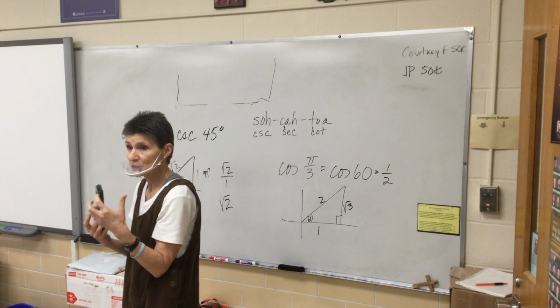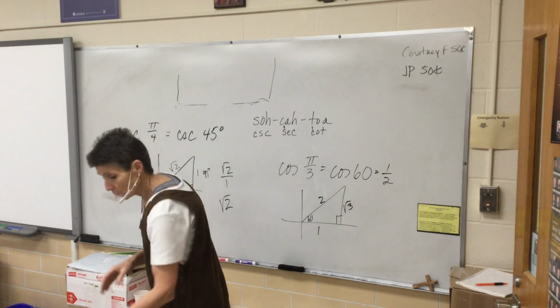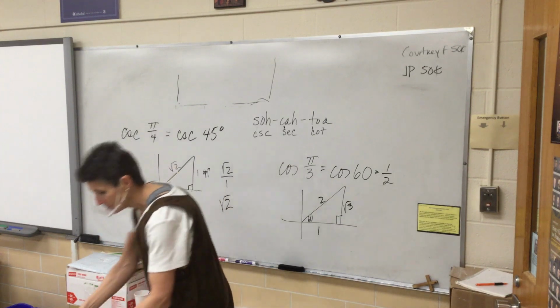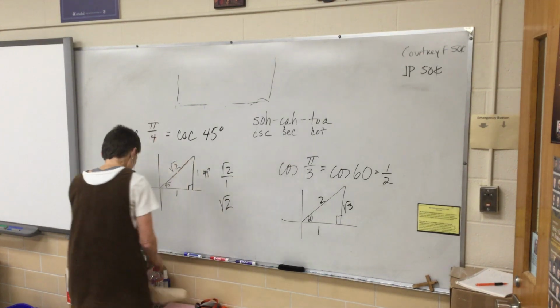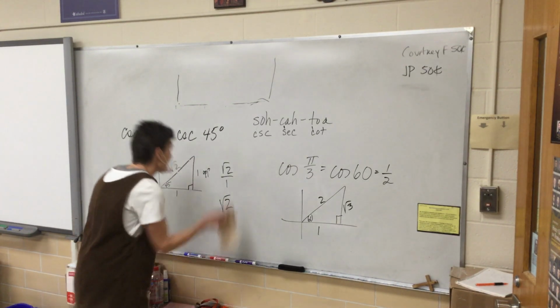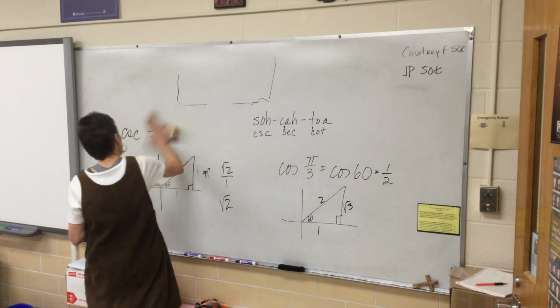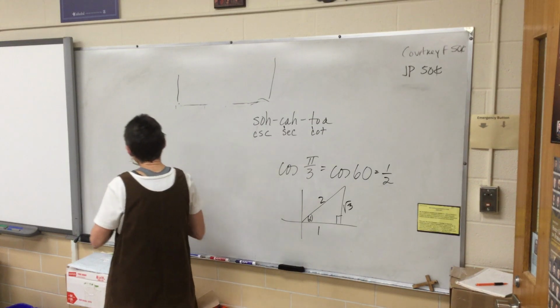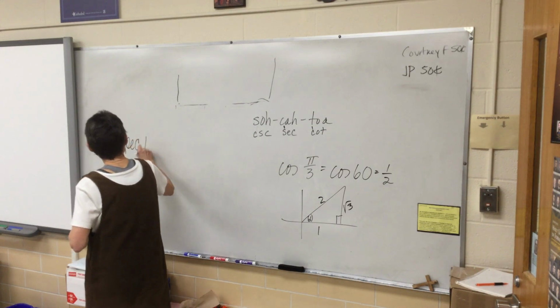All right, so is everybody checked? So we're in degree mode because the very first problem I'm doing says find the secant of 10 degrees. My calculator needs to be in degree mode if I'm going to find the secant of 10 degrees.